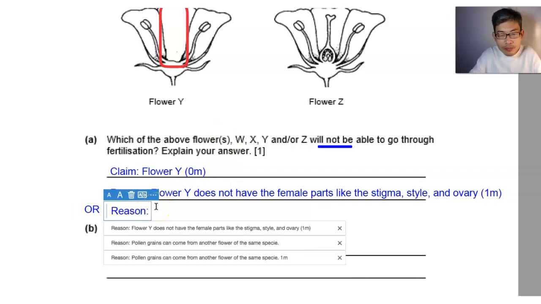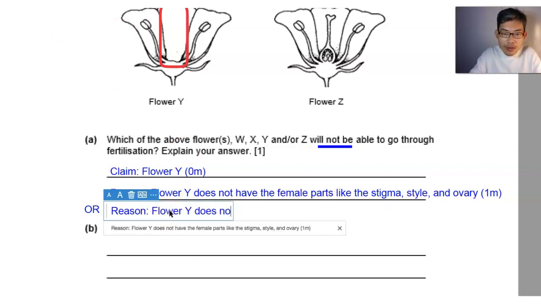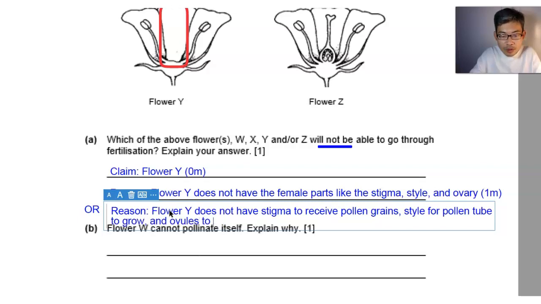So the reason: flower Y does not have an ovary, does not have stigma to receive pollen grains, style for pollen tube to grow, and ovules to fuse with the pollen tubes.